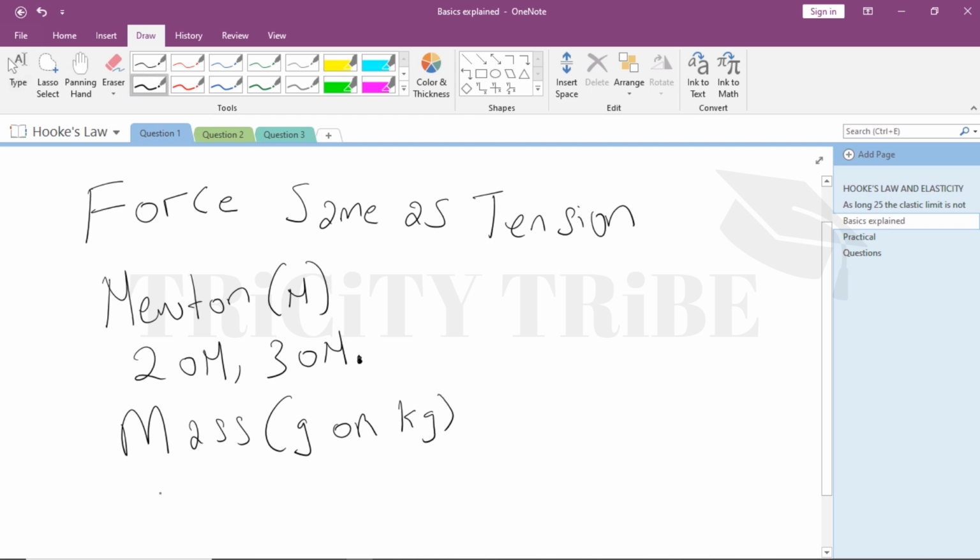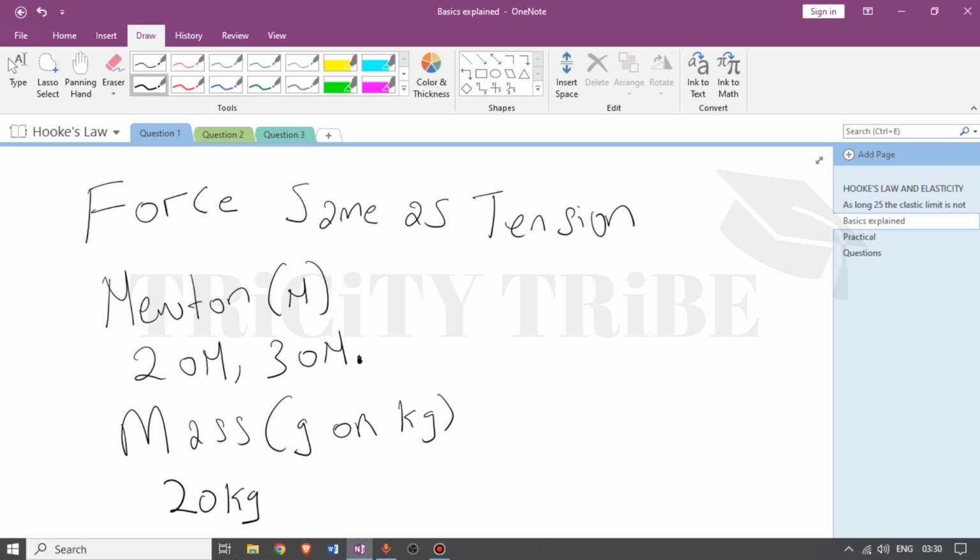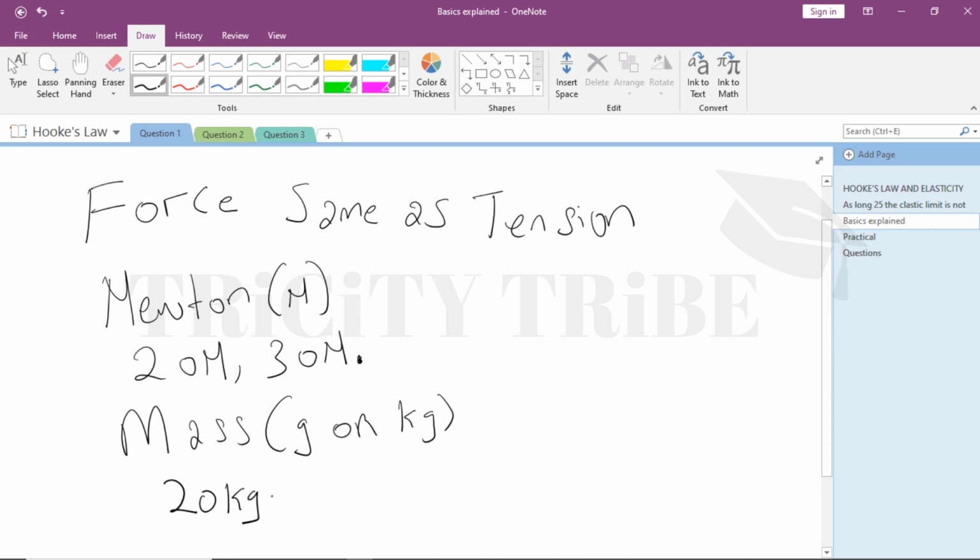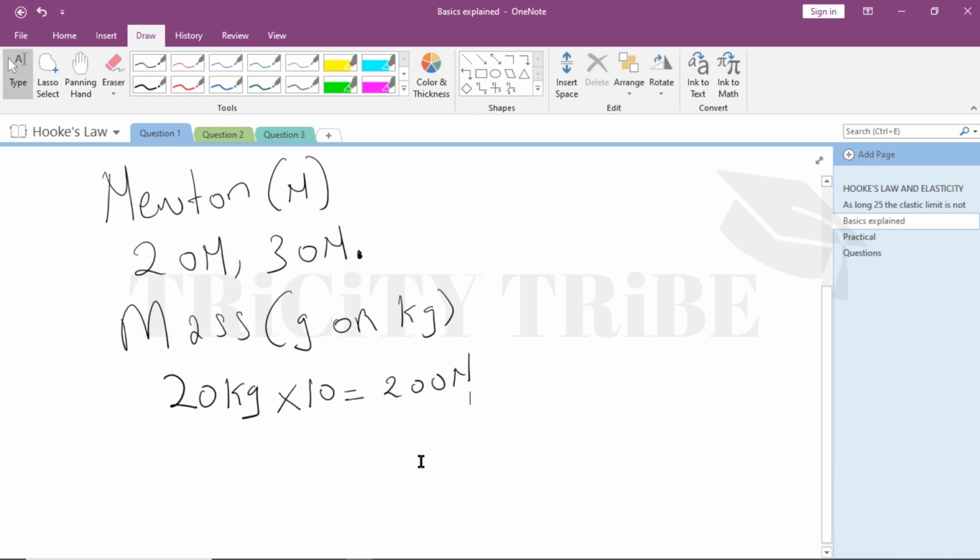If you are given your load, let's say, as 20 kilogram, you convert this kilogram to Newton by multiplying by 10. And that gives you 200 Newton. If you are given a mass of 2 kilogram, you multiply by 10 to give you 20 Newton.